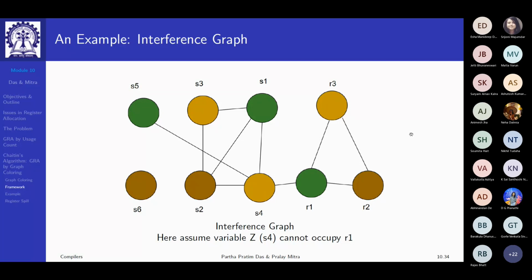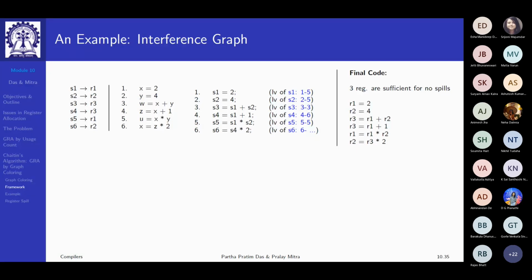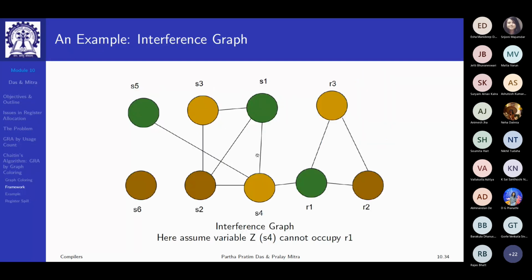Fine. So once this has been done, then we know the colors. S1 is R1, S2 is R2, S3 is R3, S4 is R3 again, S5 is R1, and S6 is R2.